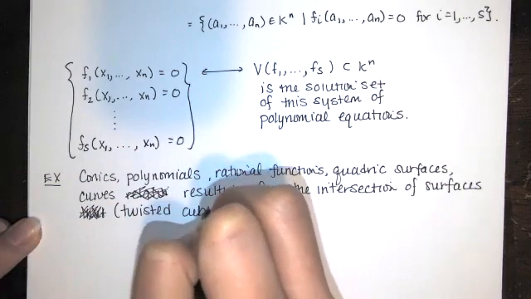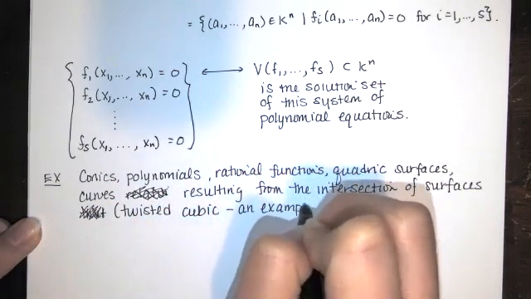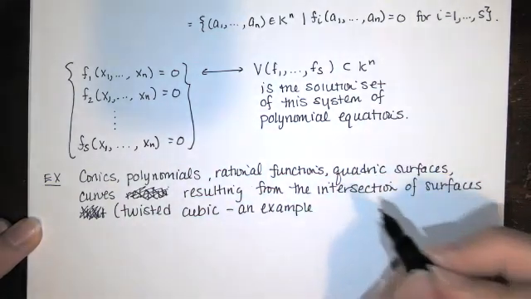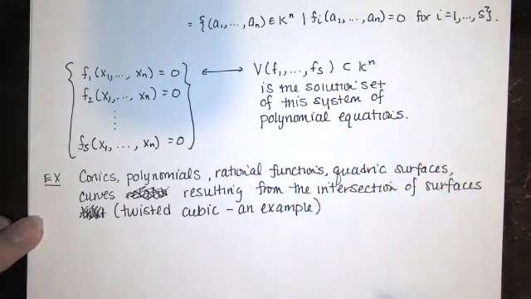That was an example. We had 2 cylindrical surfaces, cylindrical in the multivariable calculus sense. And those 2 intersect in this twisted cubic function.